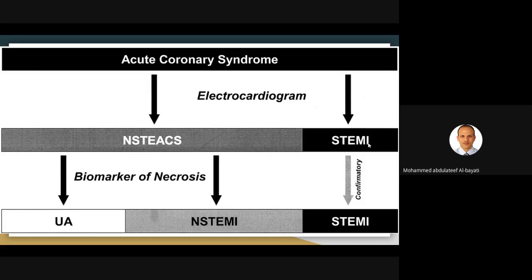ST elevated myocardial infarction is confirmed by the biochemical markers of necrosis, while non-STEMI is further investigated by the biomarkers of necrosis into unstable angina and non-ST elevated myocardial infarction.